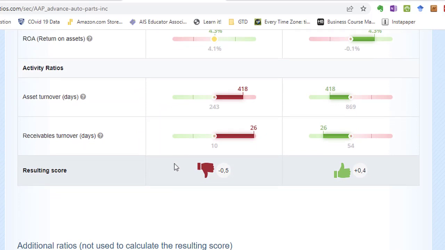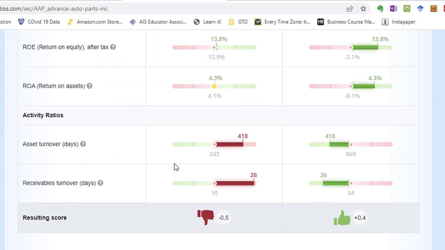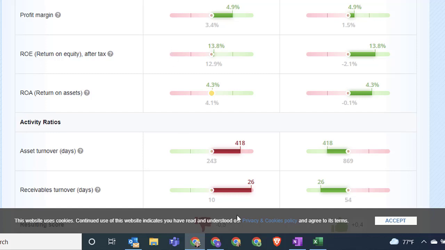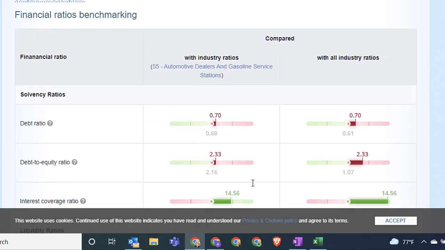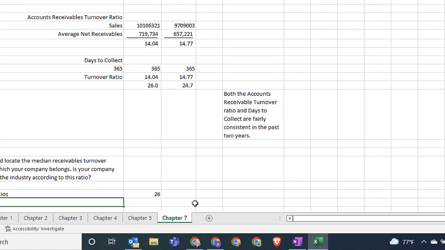That's the only one that it looks like it reports. So my days to sell, they have us at 26. Okay, so they got 26. So here is median ratio from Ready Ratios, and it was 26, and the industry was 10.